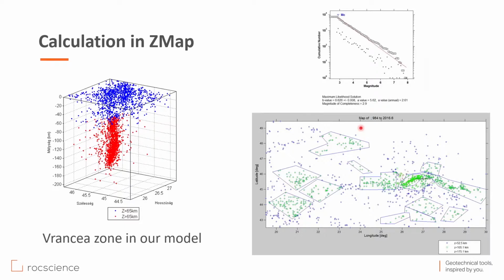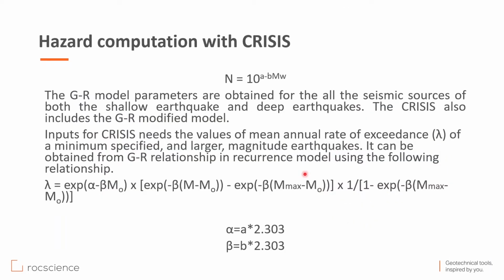And of course, here at the right side, you can see a figure on the frequency magnitude distribution without declusterization. And here it's visible the results after the declusterization with the BIGC's source areas.